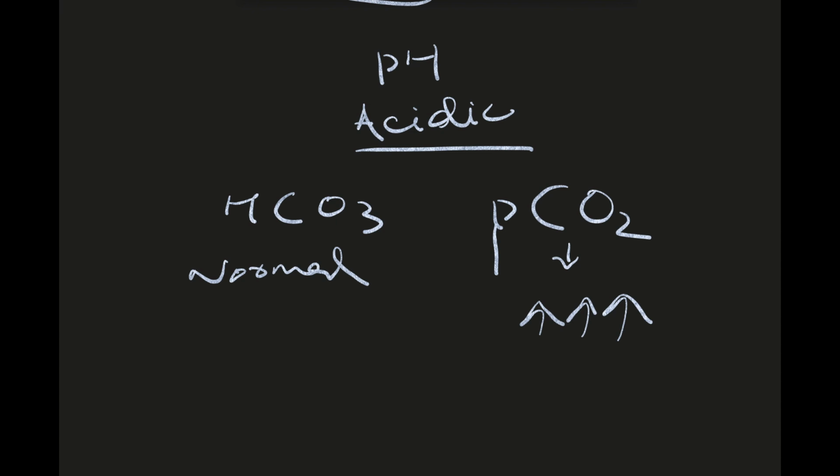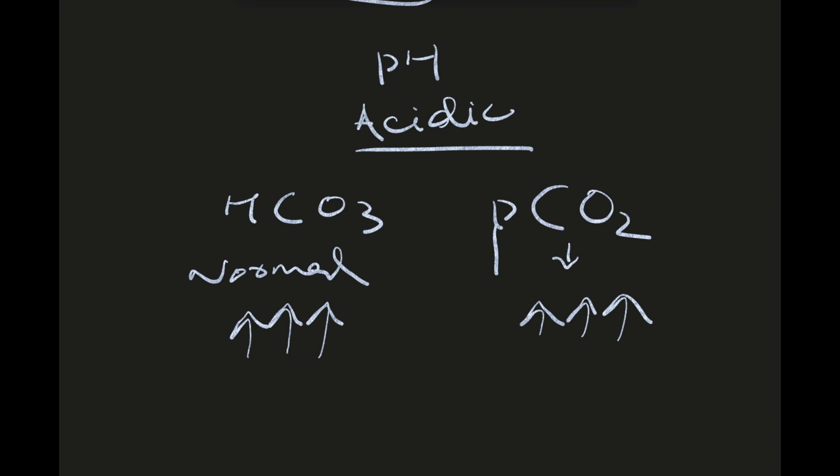What will happen as a result? The bicarbonate will try to take the body back towards the equilibrium. And to achieve that equilibrium, the bicarbonate levels in the blood should start rising up. But still, it depends upon whether the body has achieved equilibrium or not, whether it is in a compensated state or in an uncompensated state.